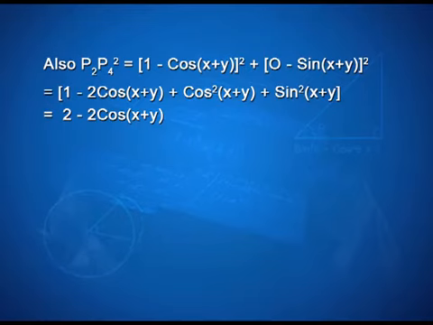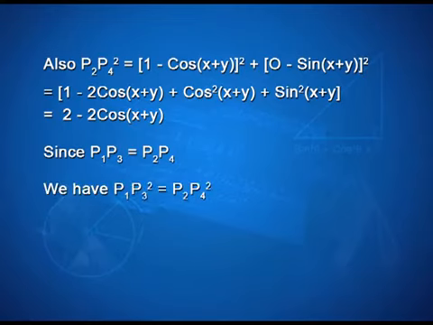Now, since the triangles were congruent, the distances will be equal, P1 P3 will be equal to P2 P4, and therefore the squares of the distances obviously will be equal. P1 P3 square is equal to P2 P4 square.